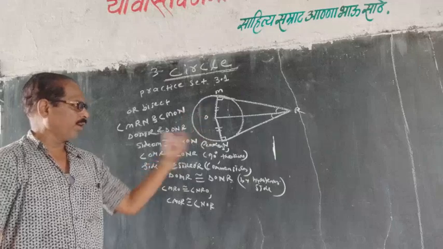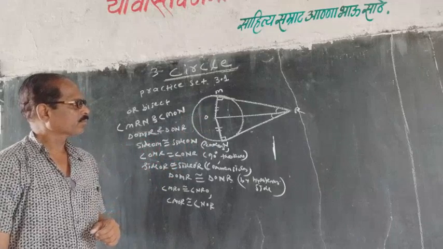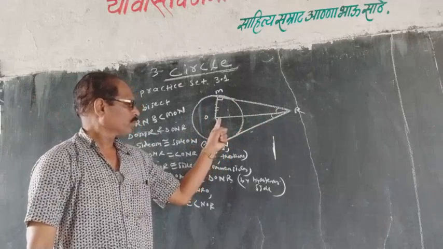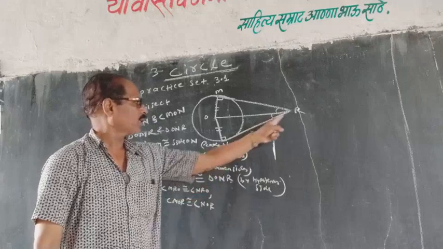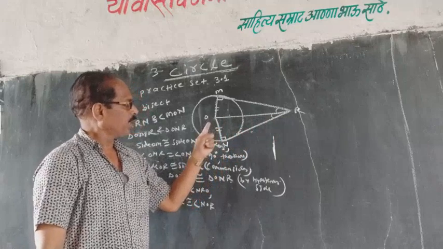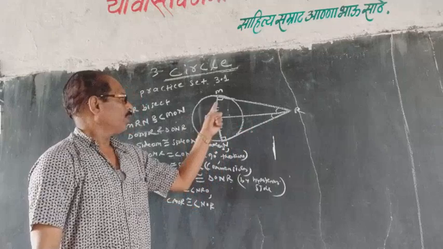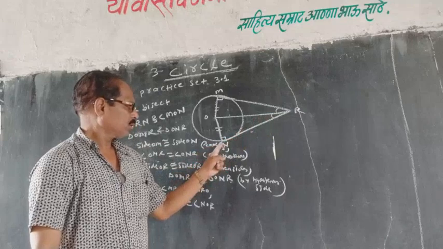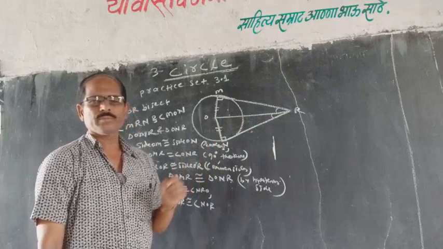Observe these two angles: measure of angle MRO is congruent to measure of angle NRO. Similarly, measure of angle MOR is congruent to angle NOR.